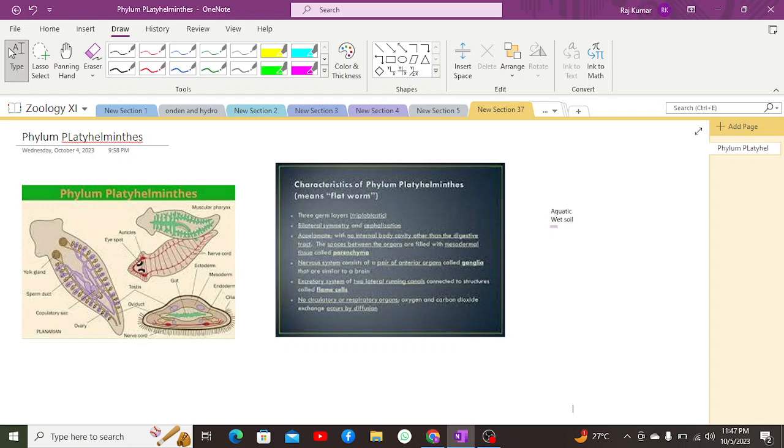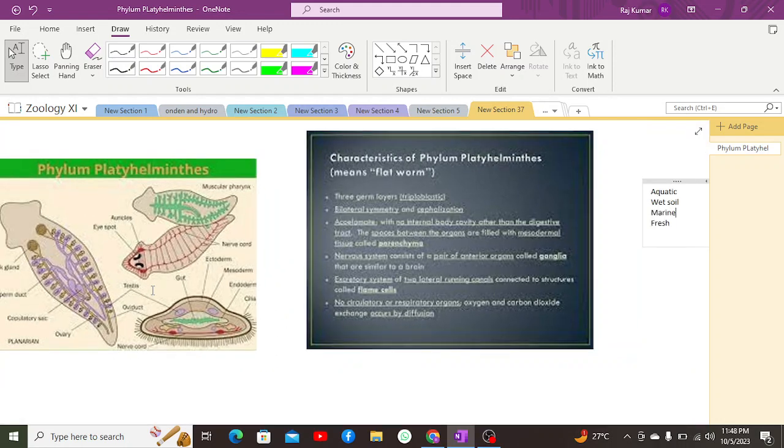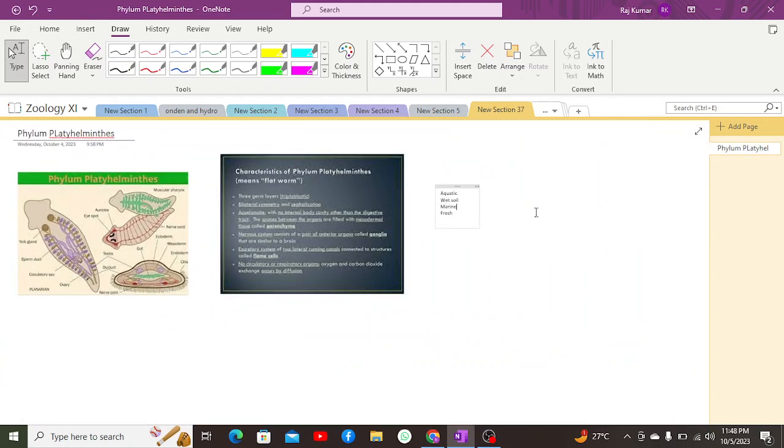In the aquatic environment, they mostly live in marine water, while some also live in fresh water. Examples of freshwater platyhelminths include planaria, and marine water involves other examples as well.